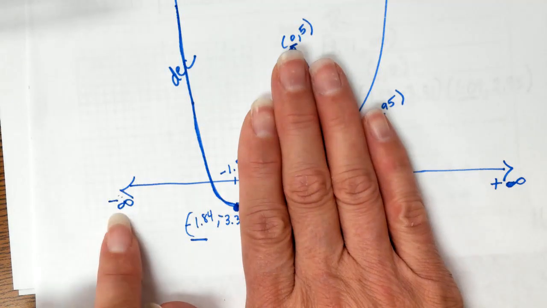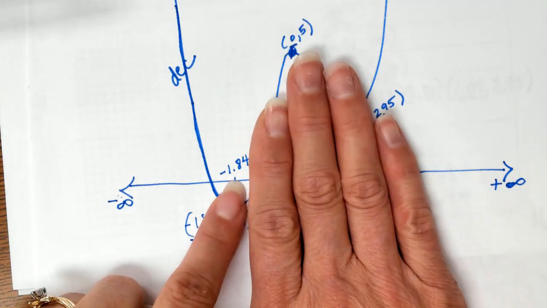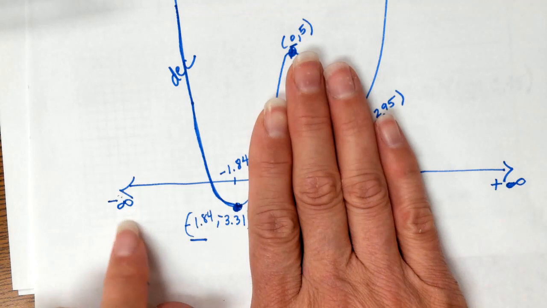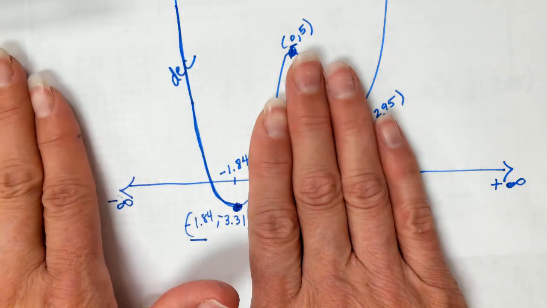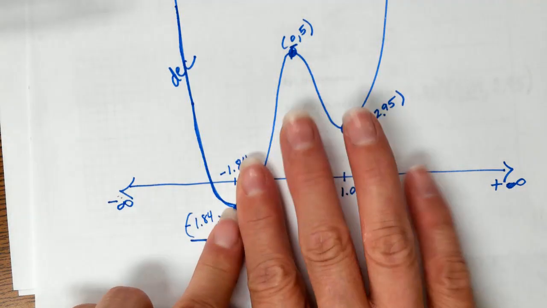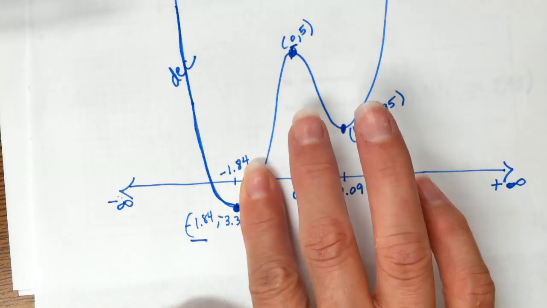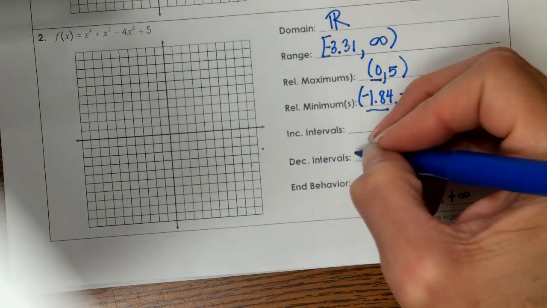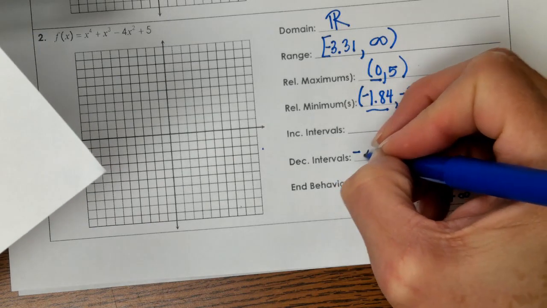So that would be from negative infinity to this negative 1.84. That is your first answer for decrease. It would be from the negative infinity, because it's this side of the graph, all the way to that minimum, which was at the negative 1.84. So I'm going to write that in, and that was a decrease.